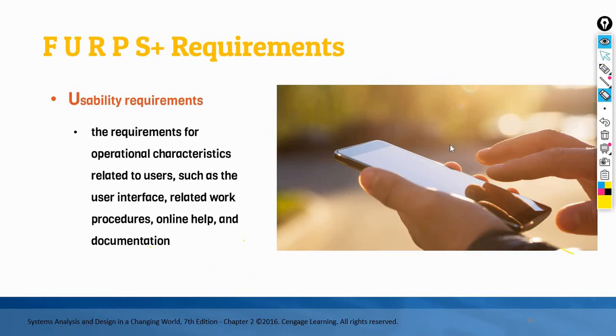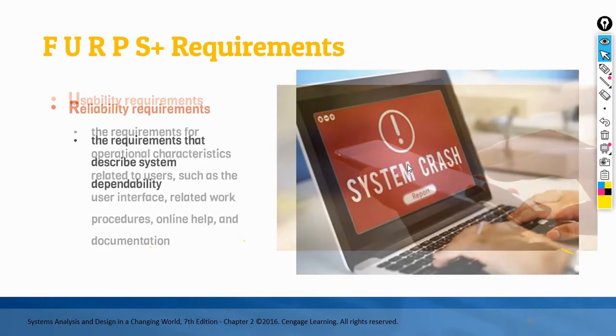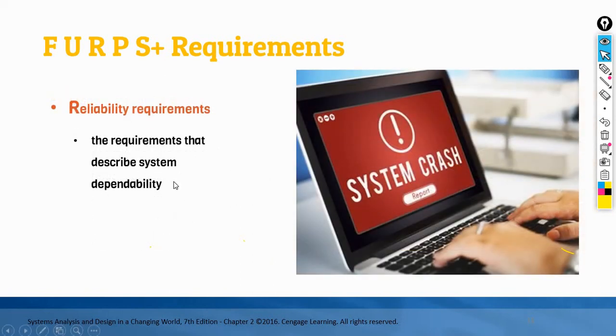The next requirement is reliability requirements. This describes the dependability of the system: how often a system exhibits such behaviors as service outages and incorrect processing, and how it detects and recovers from those problems.